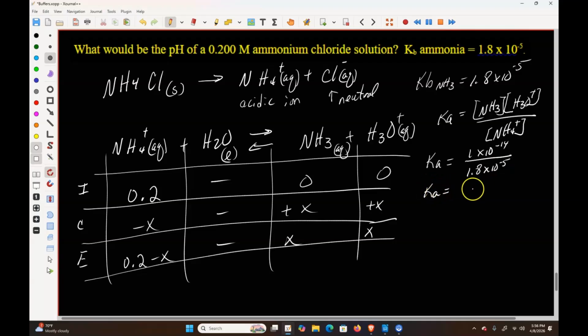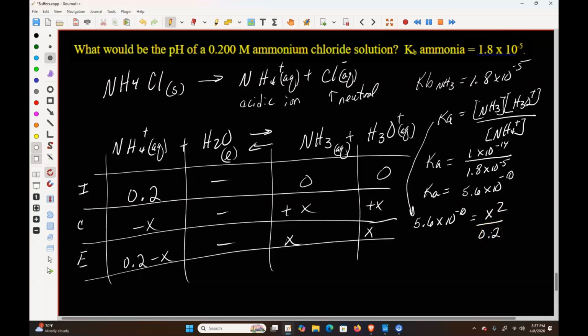That gives me a Ka of 5.6 times 10 to the negative 10, a very small number. So 5.6 times 10 to the negative 10, I'm plugging into this equation here, is equal to x times x, or x squared, divided by 0.2.